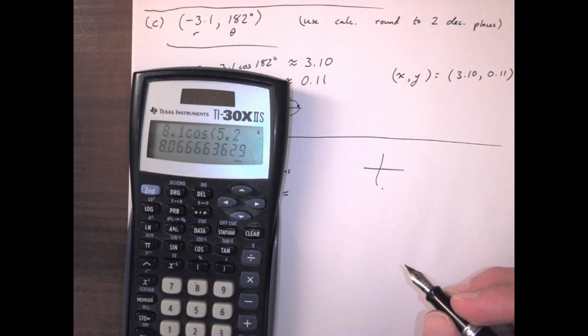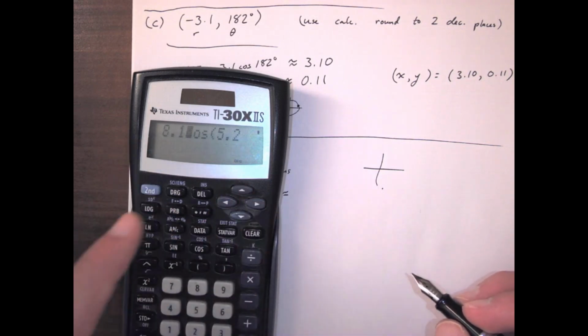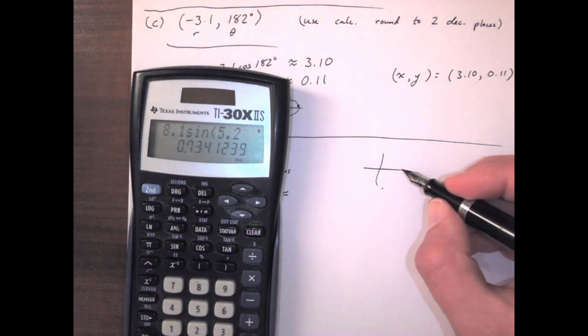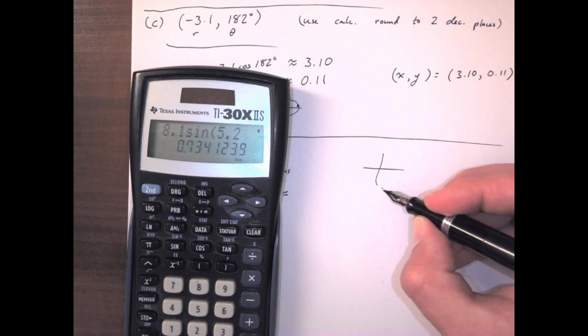Well, that doesn't seem very likely here. And if I try the y value, that's even less likely. So we've got a slightly positive y value and a really big negative value. So the calculation I was about to do was about to say that it was over here, which I know is not the case. I know that it's somewhere down here.